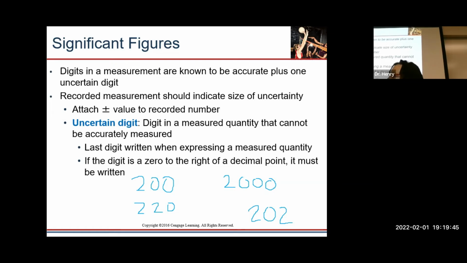If it was 2100, it would be 2 sig figs. That's right. So if it's captive, it becomes significant. Okay? Everybody got that so far? Because this is captive, meaning it's between two non-zero numbers, in this case we have 3 significant figures. 1, 2, 3, all 3 are significant.